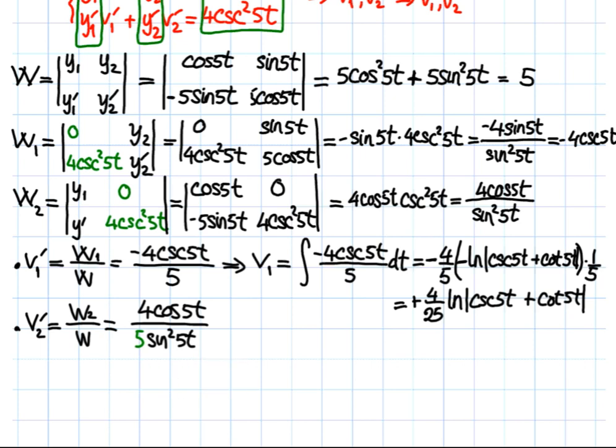And we will integrate this. I will write 4/5 in front. And then we have cosine 5t and sine square of 5t.